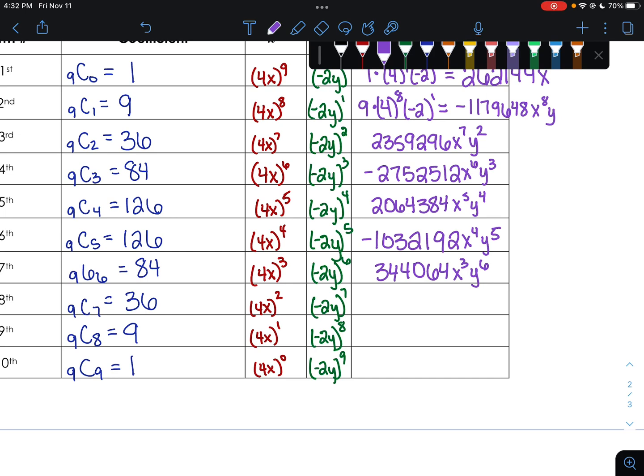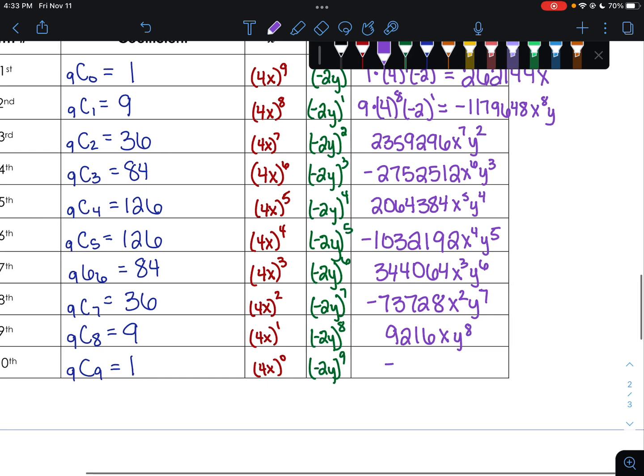Then we have negative 73,728, x squared, y to the 7th. Then we have 9,216, x, y to the 8th. And last but not least, negative 512, y to the 9th power.